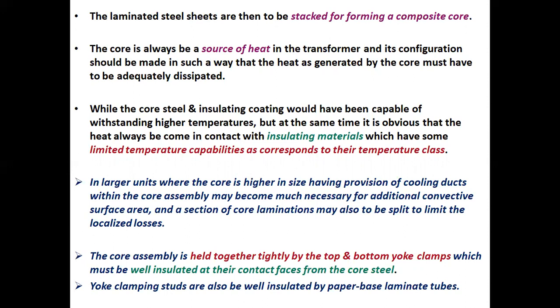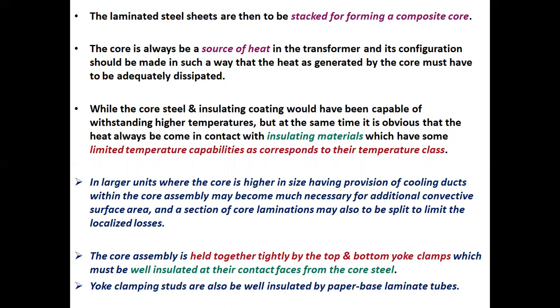While the core steel and insulating coating would be capable of withstanding higher temperatures, it is obvious that the heat always comes in contact with the insulating materials, which have limited temperature capabilities as corresponds to their temperature class.